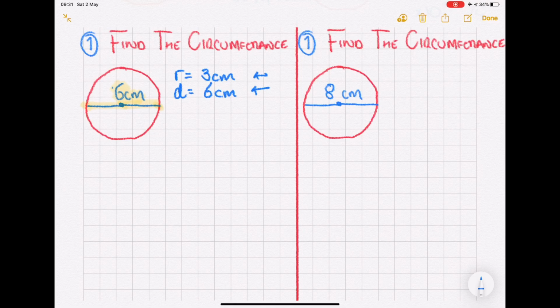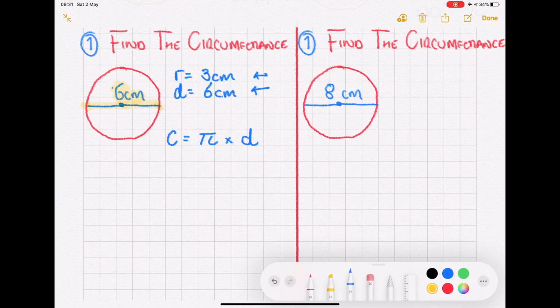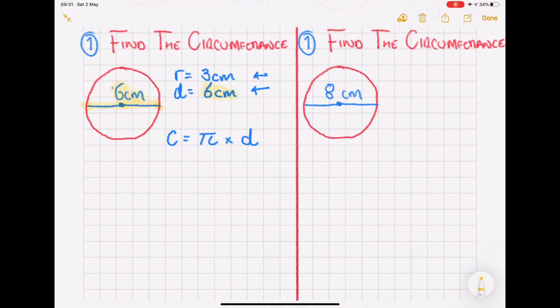Okay, now we can start to find the circumference of a circle. So we use the formula circumference, C, equals pi times by d, like so. And what we want to do is swap in our d value up here, which is 6 centimetres, for our d value down there. So we're basically substituting in this d value. So our new line can be C equals pi times by 6.